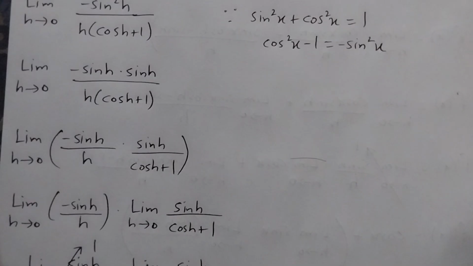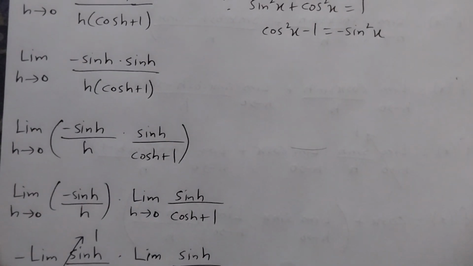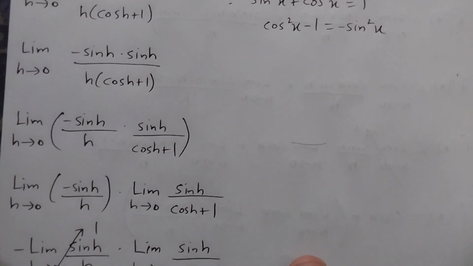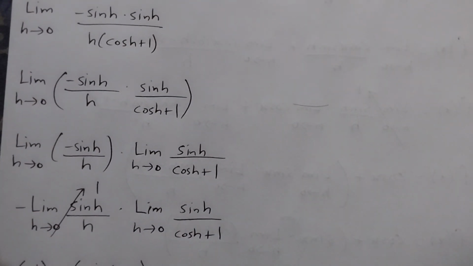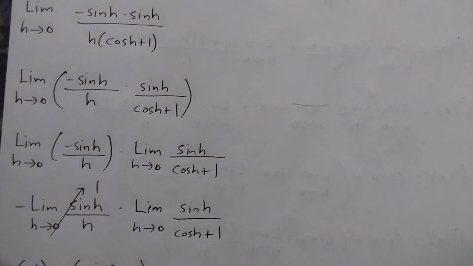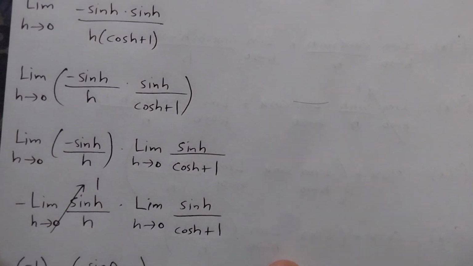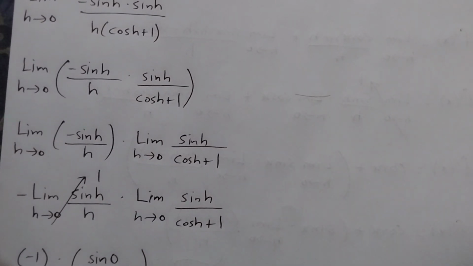No difference, it is exactly the same expression. So we'll separate the limit on both of these expressions. Because they are being multiplied, the individual limits can also be multiplied. So the limit as h approaches 0 of minus sin h over h, into the limit as h approaches 0 of sin h over (cos h plus 1).